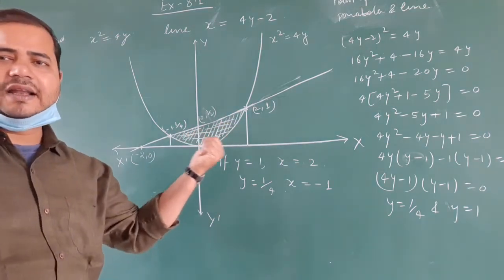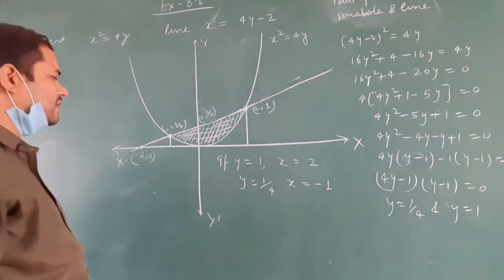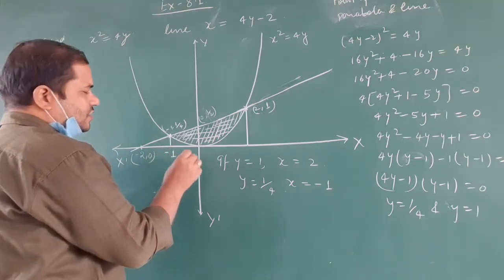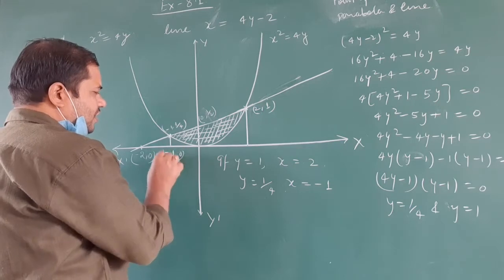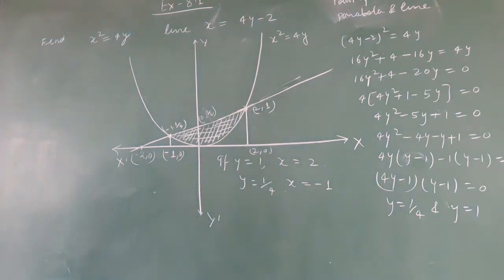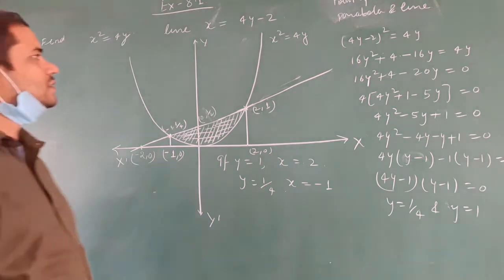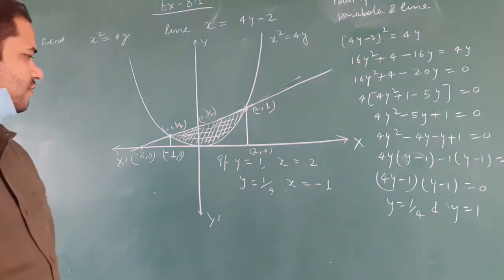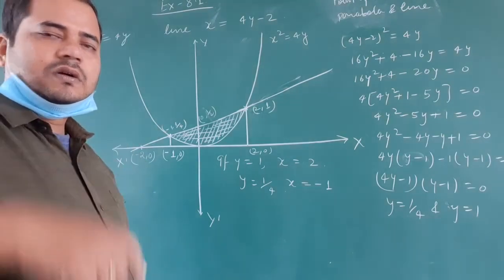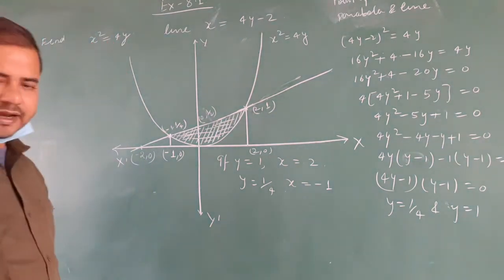Area under the line minus area under the curve. What is the limit? The limit is minus 1 to 2. So first of all you note it down, then you can write the required area. Okay, so see the required area.